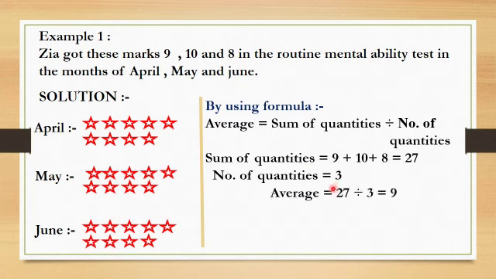Now, the next step is to find the average, which is equal to sum of quantities, that is 27, divided by number of quantities, which is 3. That gives the answer, 3 9s are 27. So, the average marks Zia has got is 9 with the help of formula and also using the pictorial representation.